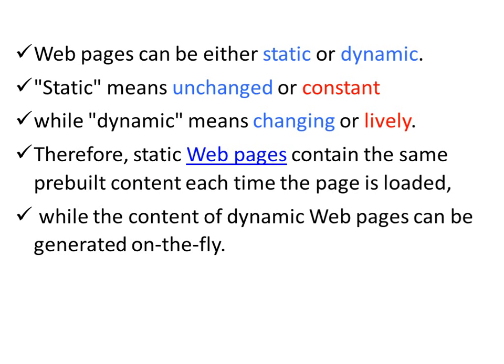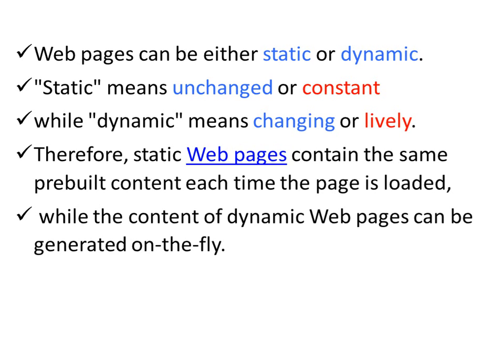Then web pages can be either static or dynamic. Two types of web pages: first is static, second is dynamic. What is static? Static means unchanged or constant, while dynamic means changing or lively.